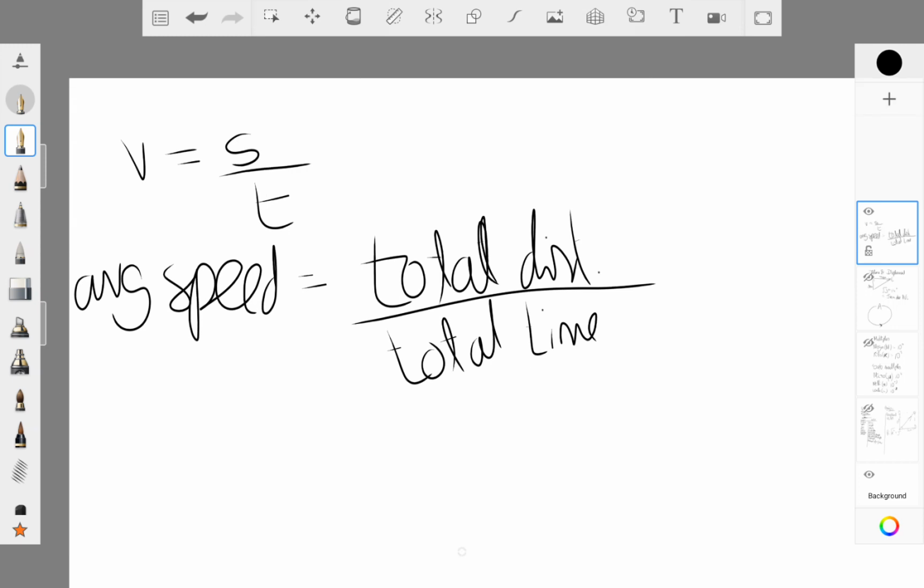Well, in practicality, let's be honest, it's very unlikely that a human being walks at, let's say, a constant speed. Rather, their speed is going to vary across their journey.